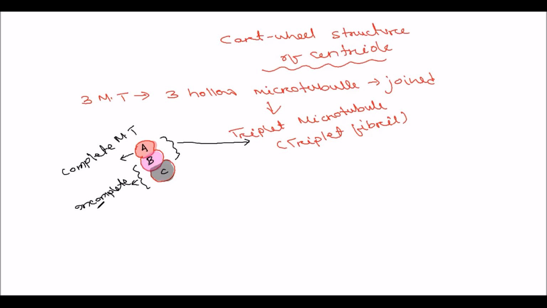Why is that called an incomplete microtubule? Because when we saw the microtubule in the last class, I forgot to discuss that section actually. What is a complete microtubule? This is the wall of the microtubule.